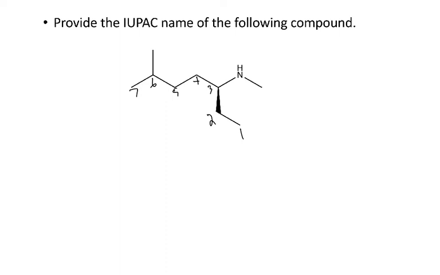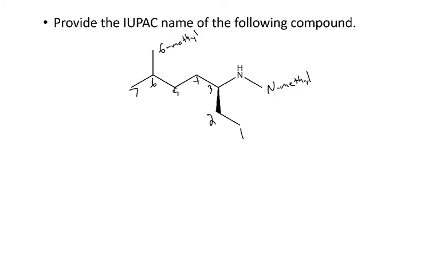So the substituents that I have: a 6-methyl here, and then this methyl is coming off the nitrogen, so its position is going to be N. So that's going to be an N-methyl. So my base name is going to be 3-heptanamine, and then I've got 2 methyls, so it's going to need to be a dimethyl.